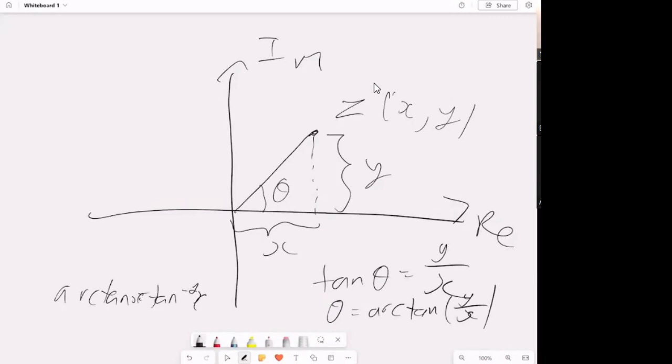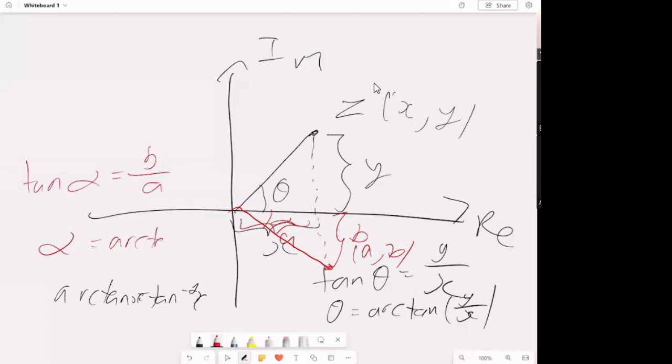Likewise, if we want an argument like here, let's say this is A and B. What we need to realize is that this distance is B and this distance is A. Let's say this angle is called alpha. So tangent alpha equals B over A. Alpha is arctangent B over A.